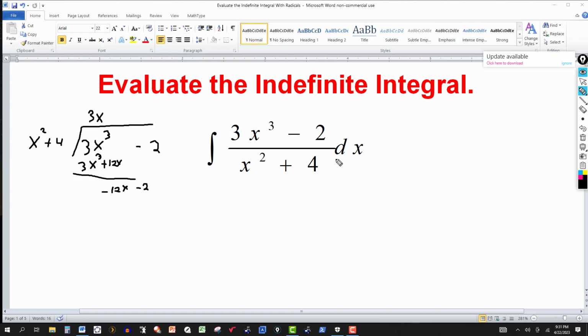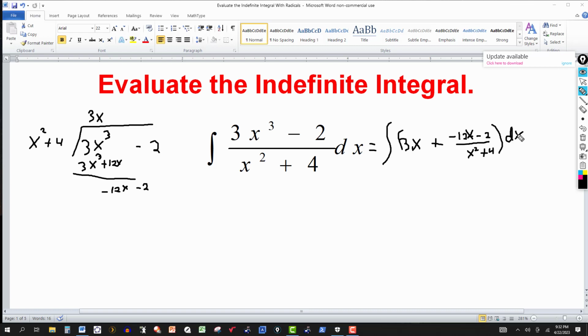So we can rewrite this as the integral of the quotient, 3x, plus the remainder, minus 12x minus 2, over the divisor, which is x squared plus 4.